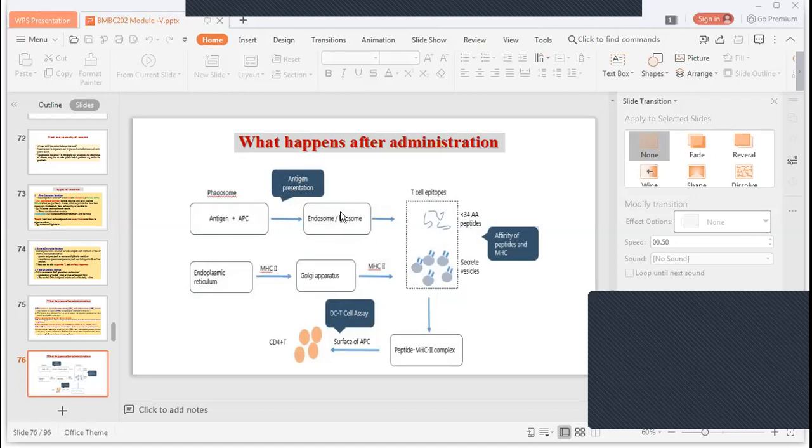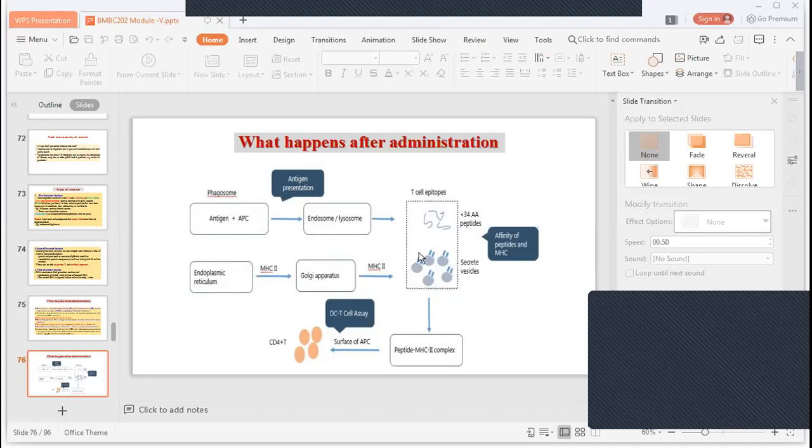So here within the endosome or the lysosome, there will be proteolytic cleavage, and then the polypeptide having a particular epitope will bind with the T cell, and in a second way, MHC2.